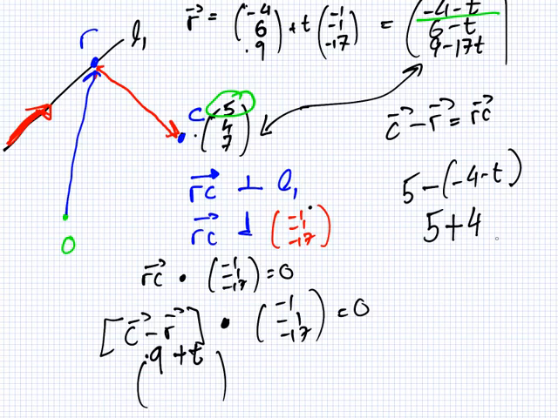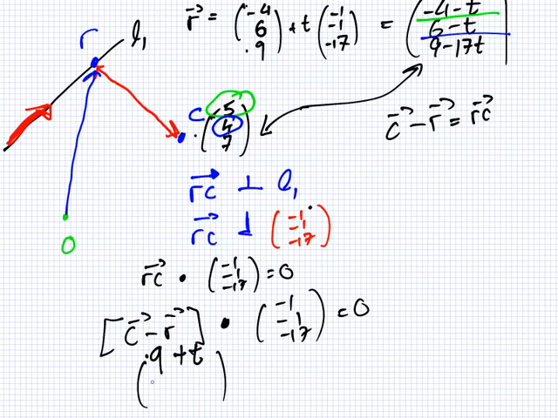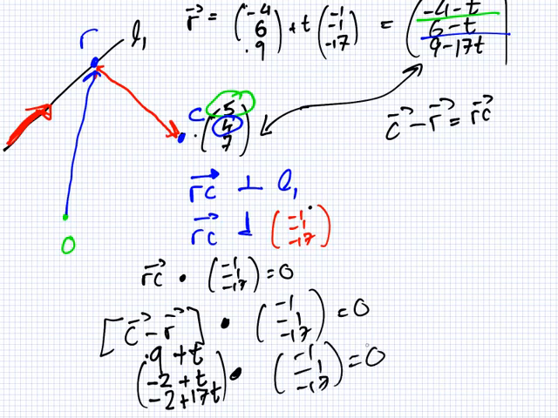Okay, what about the next one? I'll do it in blue. 4 minus this. What do you get? 4 minus 6 minus 2. Okay, that was 2, plus t. 7 minus this. Minus 2, plus 17t. Dot (minus 1, minus 1, minus 17) equals 0.